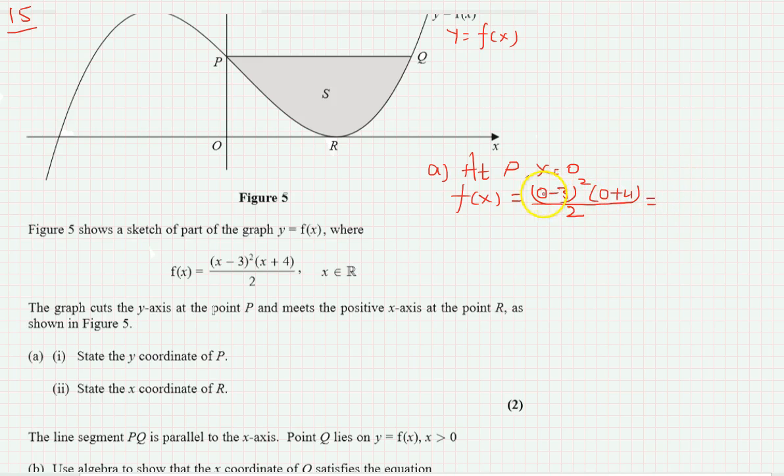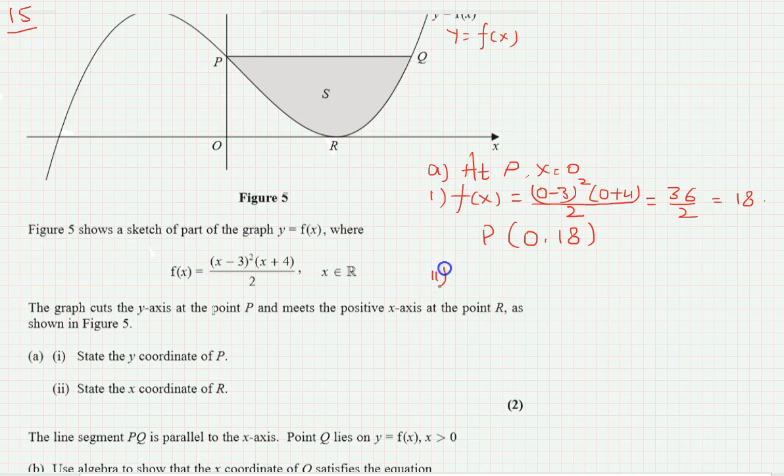So that will be 9 times 4 is 36 divided by 2, that is 18. So coordinates of P will be (0, 18). This is the first part.